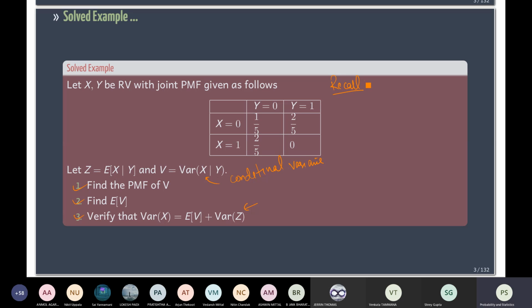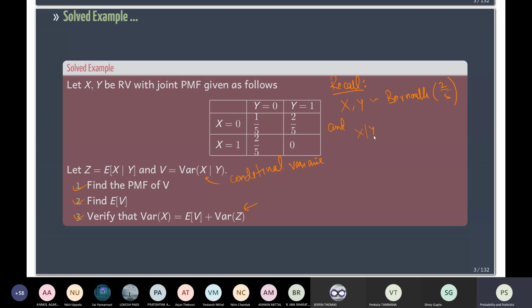Recall from the previous class, a similar joint PMF was given to us, and for this exact example we found that x and y follow the Bernoulli distribution. In case you missed the last class, you have to see those slides. We proved that x and y follow Bernoulli.